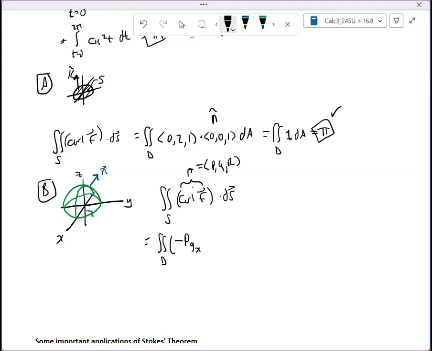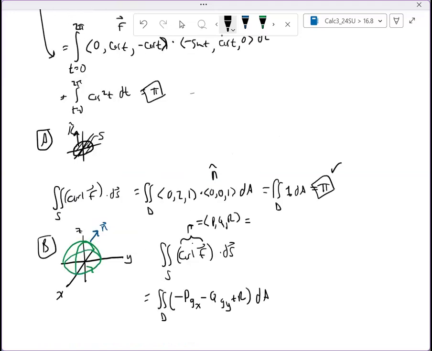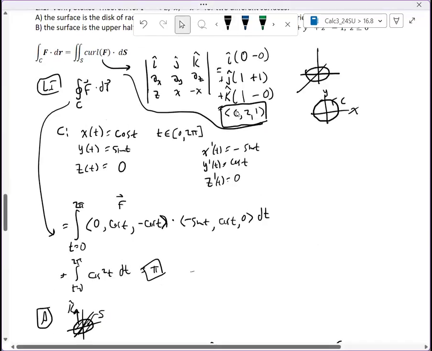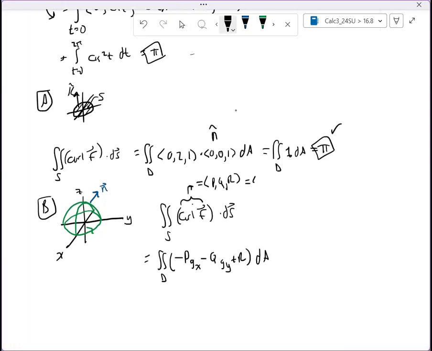Negative P dg/dx minus Q dg/dy plus R dA. So again, that was a formula coming out of the surface integral section. And we know that the curl of F is 0, 2, 1. So P is 0, Q is 2, R is 1. So I need to figure out what's dg/dy.